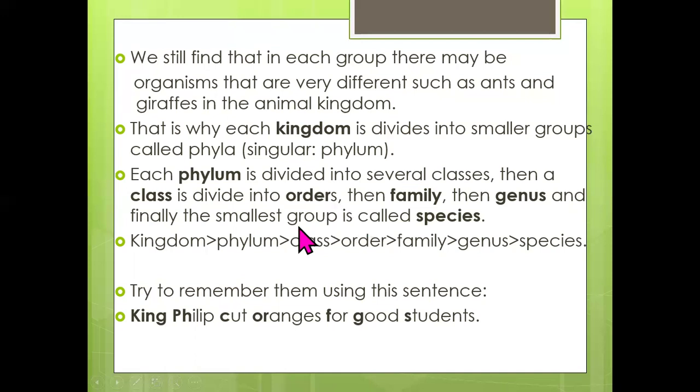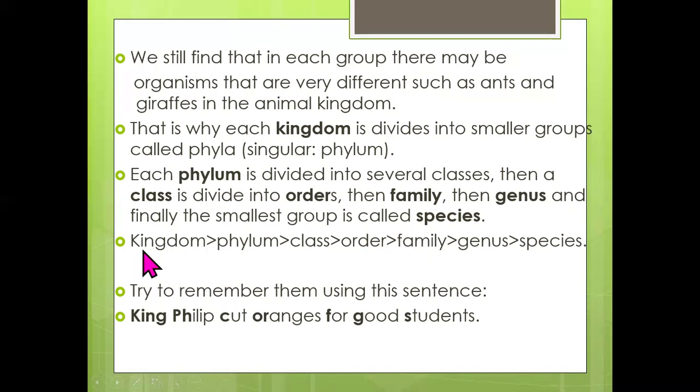A class is also divided into orders. Then after orders, we have a family, then genus, then finally the smallest group in this classification, which is the species. That is how the kingdom is further subdivided into smaller groups for easier identification, classification and understanding for studying.